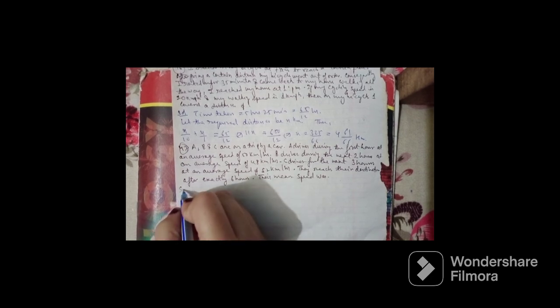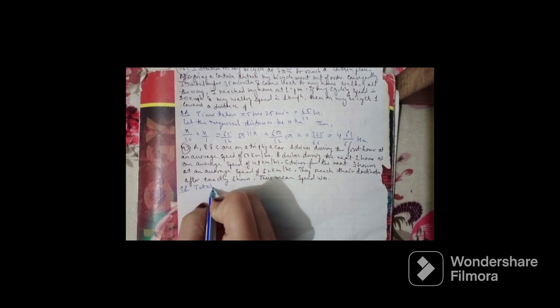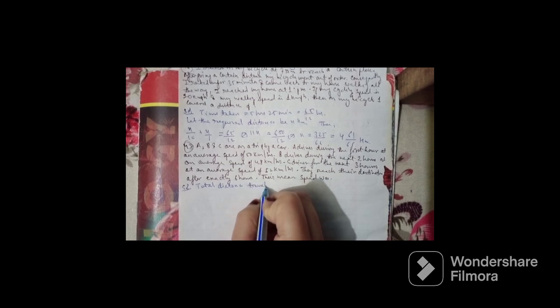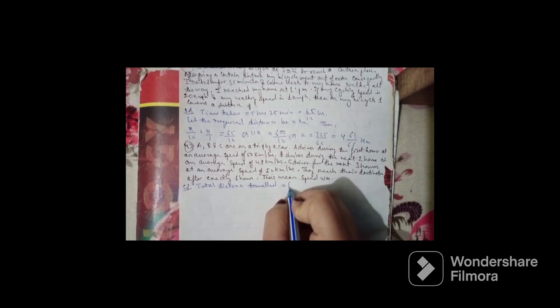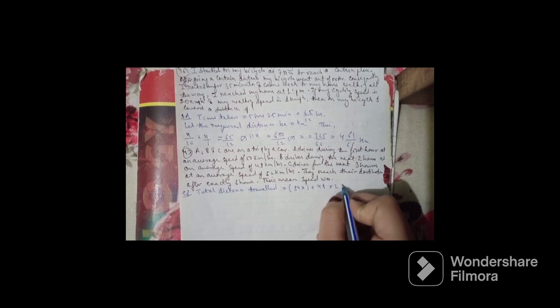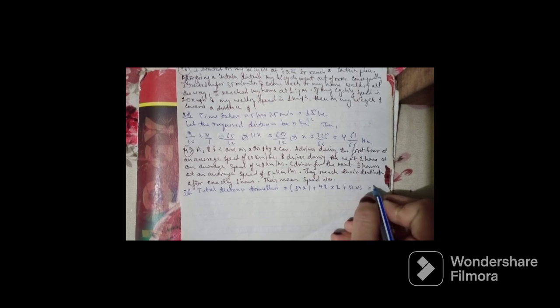So let's go for the same. Here we go. So we'll find out the total distance traveled: 50 into 1 plus 48 into 2 plus 52 into 3, which equals 302 km.